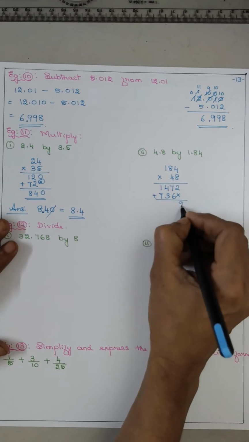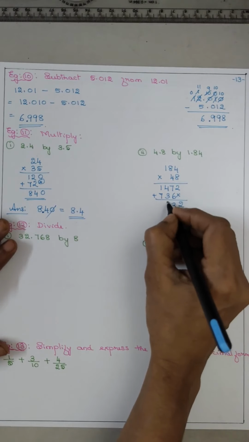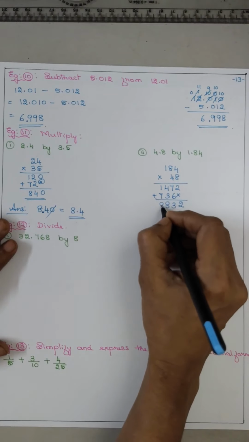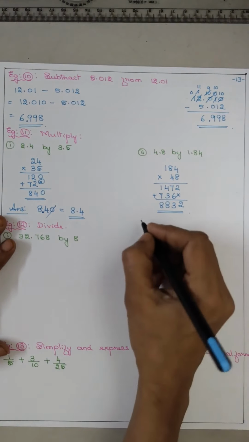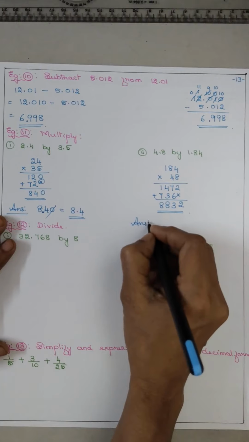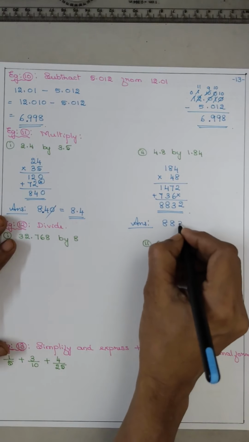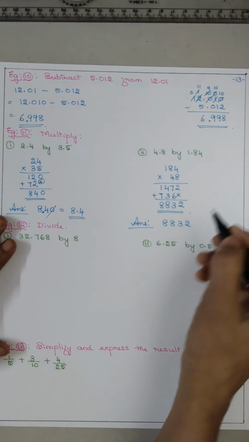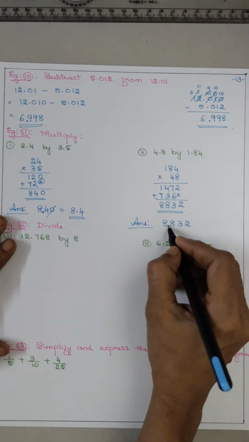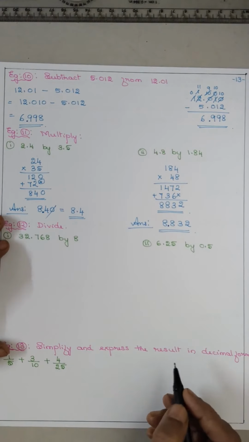So 2, 12, 13, 4, 8. Ordinary multiplication. Answer 8832. 1, 2, 3 decimals. Answer is 8.832.